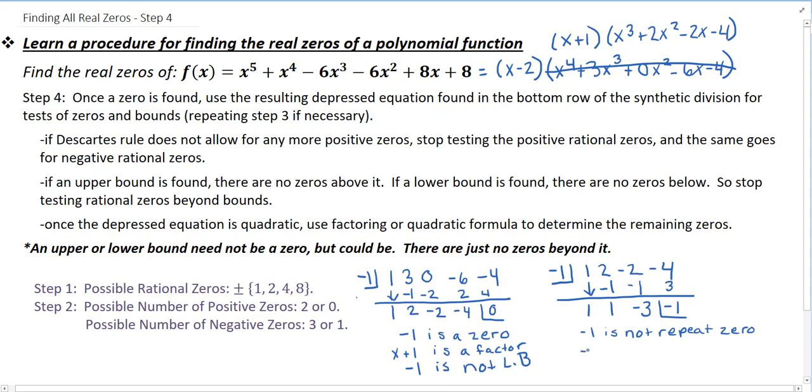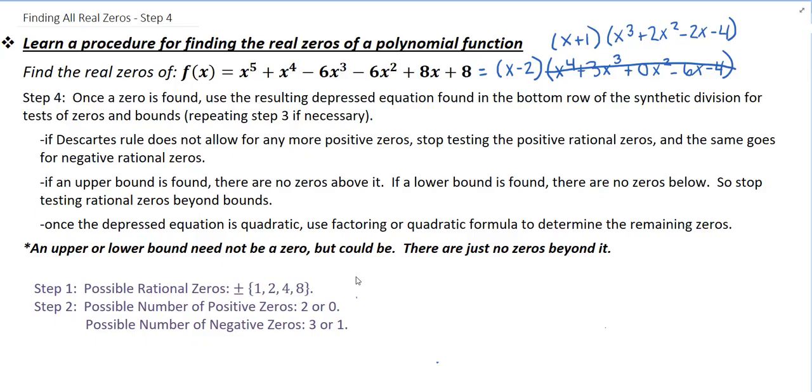And we can also see that 1 is not a lower bound because we're not alternating in signs. So what that means is we need to continue on with our testing. So we're going to go ahead and continue on with our lower bound testing, and we're going to begin with the value of -2.